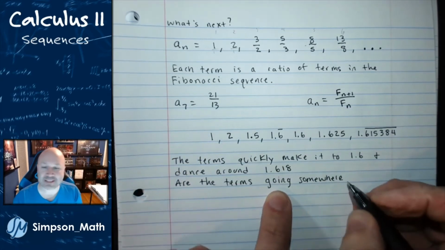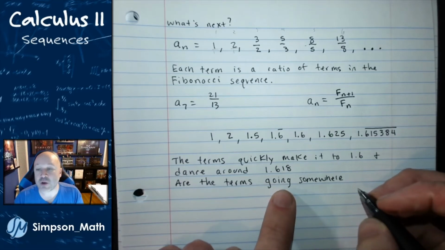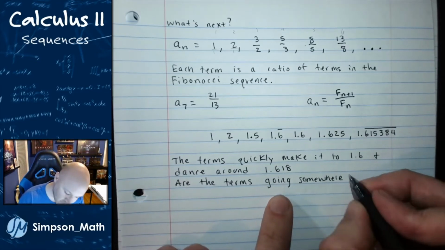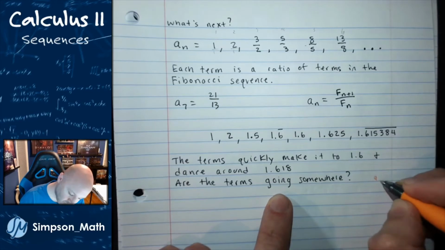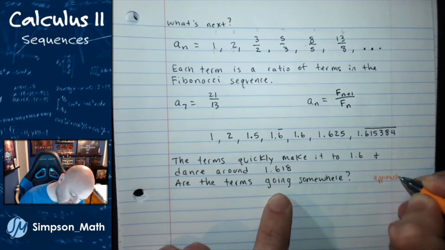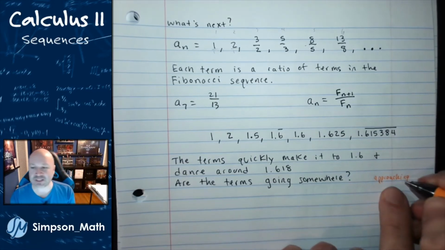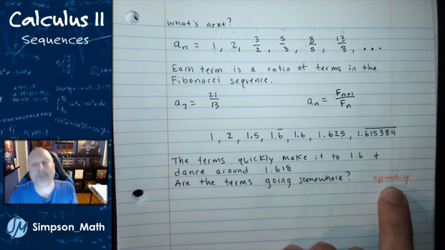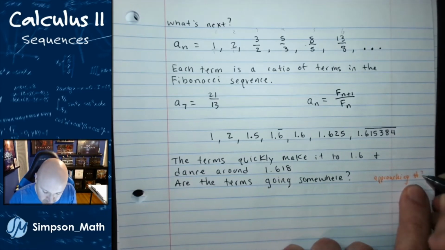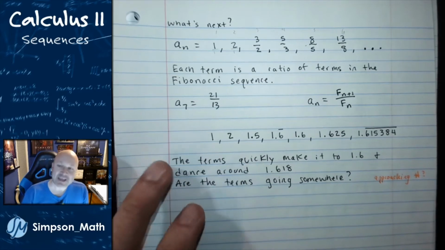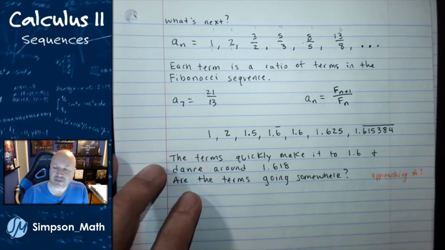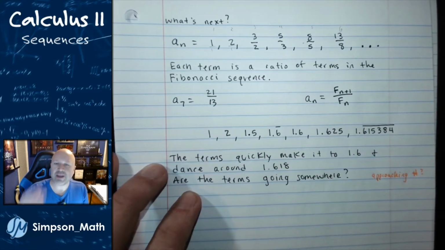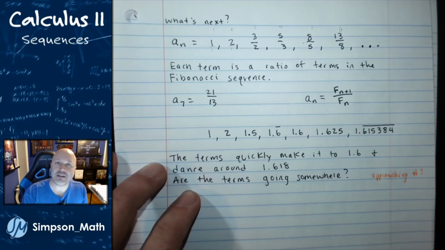A more mathematical way to say that is, are the terms approaching something? Am I approaching a number? If so, then what they're doing is approaching an L, a limit.